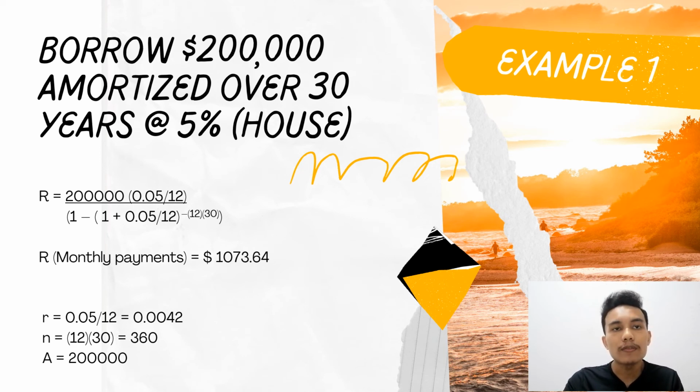So if we use the formula we learned just now, R is equal to $200,000 multiplied by 0.05 divided by 12, divided by 1 minus (1 plus 0.05 divided by 12) to the power of negative 12 multiplied by 30, which is negative 360. So the answer R, which is the monthly payment, is $1,073.64.